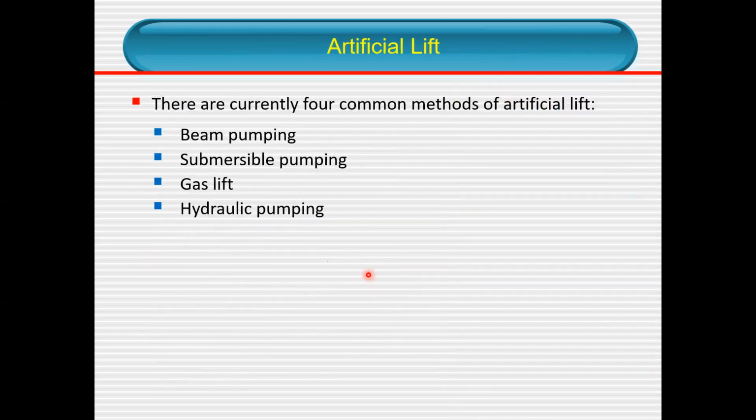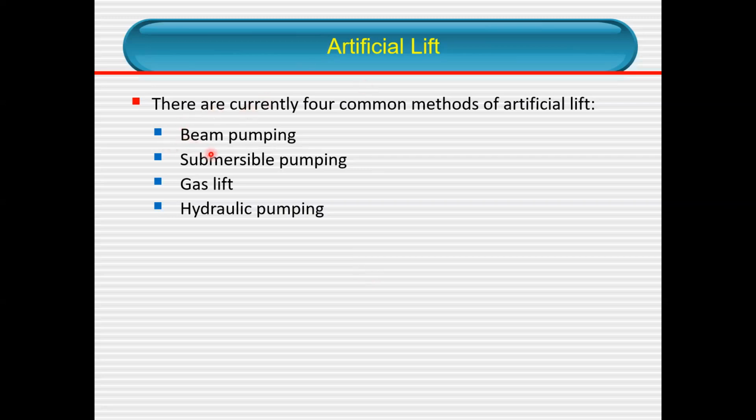But as you go onshore or to different countries, gas lift is not necessarily the main artificial lift. There is submersible pumping because of the easiness, because of the logistics. It's not because gas lift is not better. Definitely gas lift is better, but because of the logistics, it's cheaper for them to use a different kind of artificial lift, especially beam pumping.